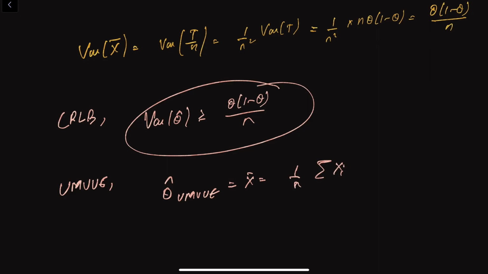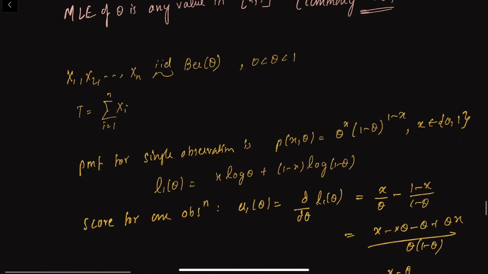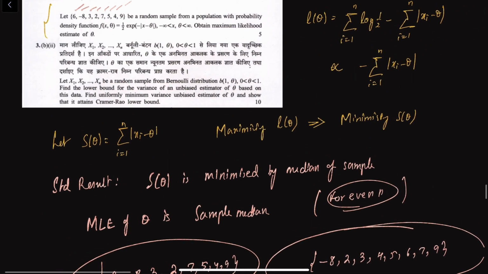We have also checked that this unbiased estimator attains the Cramér-Rao lower bound, and hence it is UMVUE and efficient as well. So that's about the second part of this third question.